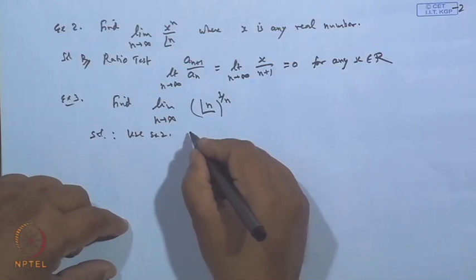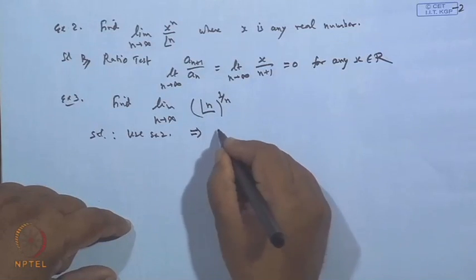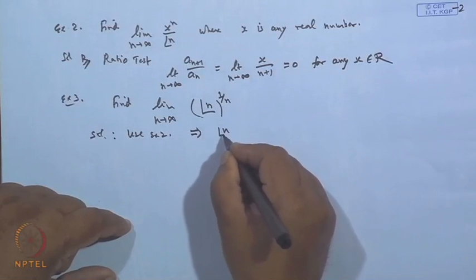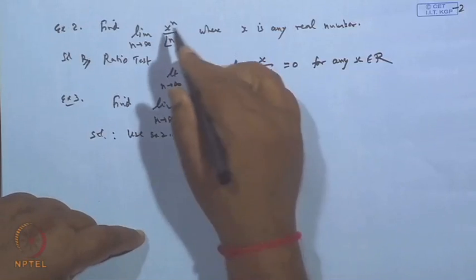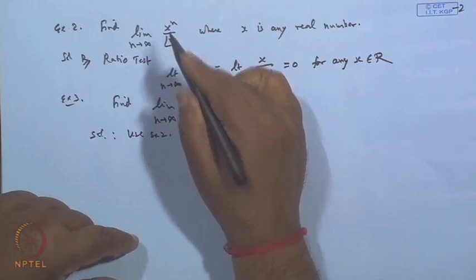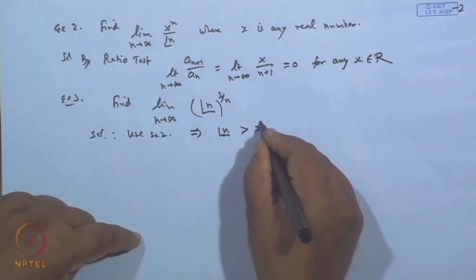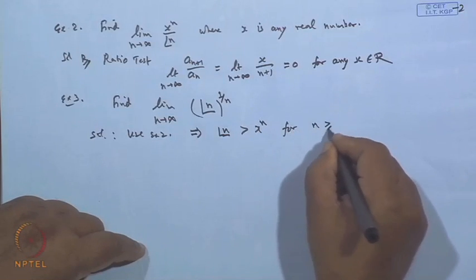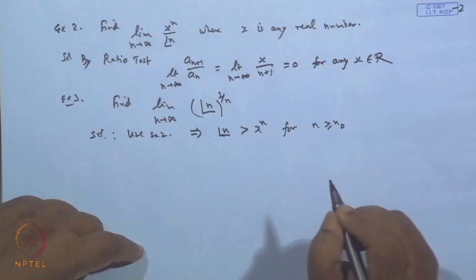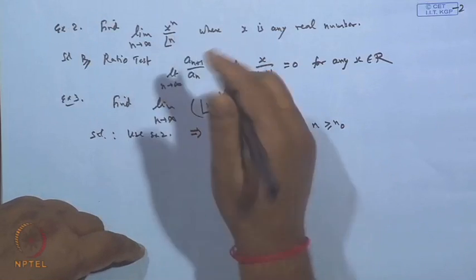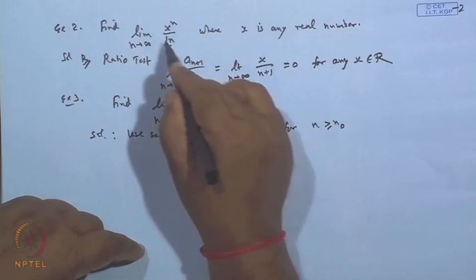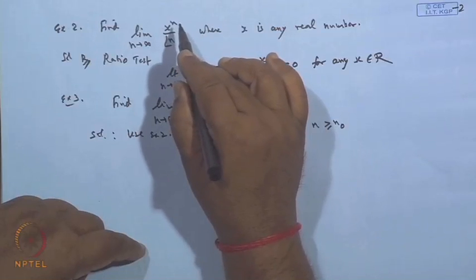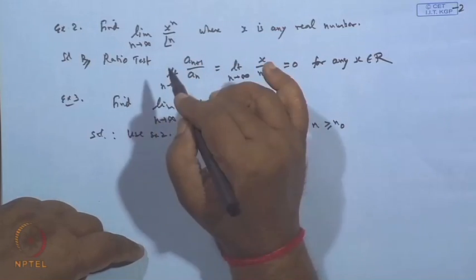So, from exercise 2, it implies that factorial n grows much faster compared to x to the power n. That is, this will always be greater than n for n sufficiently large, say n naught, because it is tending to 0, which means the denominator is going to infinity much faster than x to the power n.